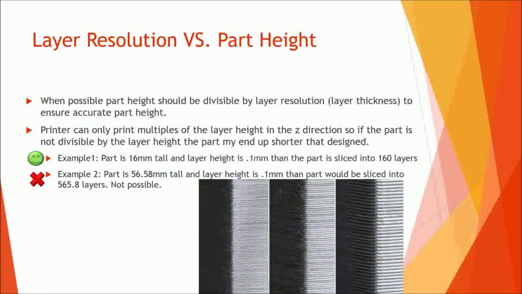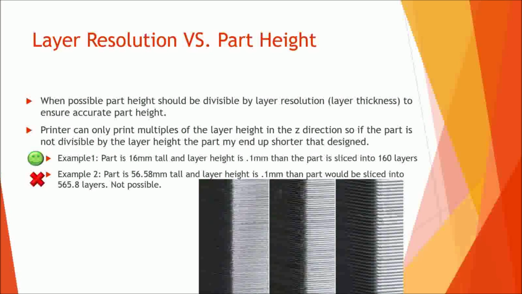So another thing to keep in mind when you're designing your parts is the height of the part in the orientation that it's going to print in. The printer has a specified layer height, and your part needs to be divisible. The height of your part should be divisible by the layer height to ensure that you have an accurate part.